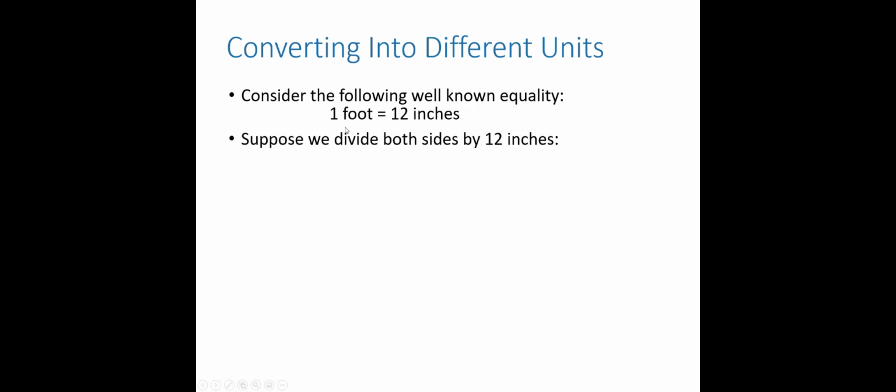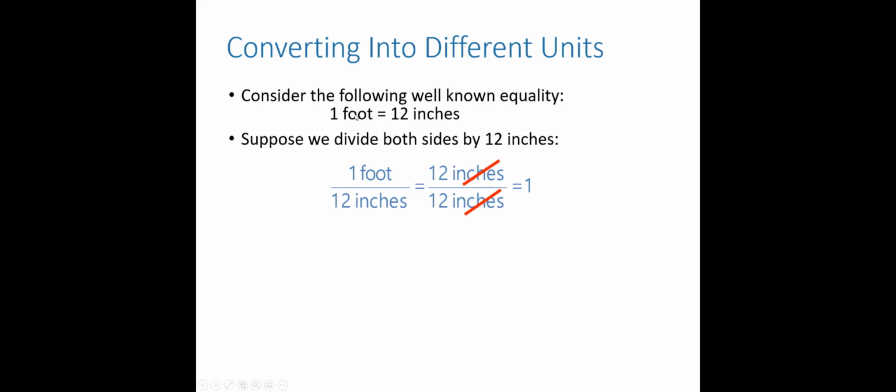Now, as we know from algebra, we can divide both sides by the same quantity, and the equation is still valid, so long as you're not dividing by 0. So I'm going to divide by not just 12, but by 12 inches. And what do we see here?